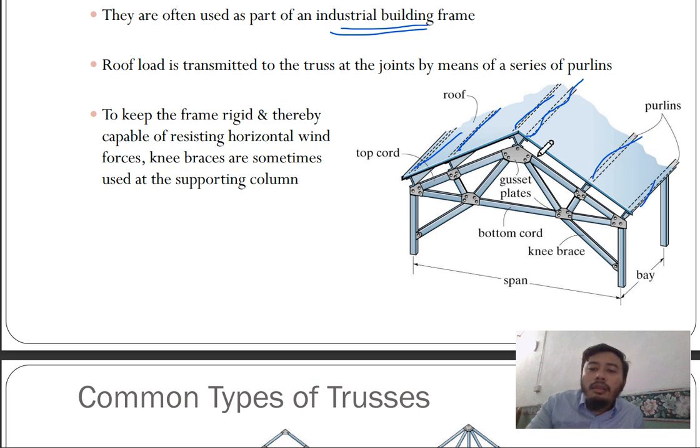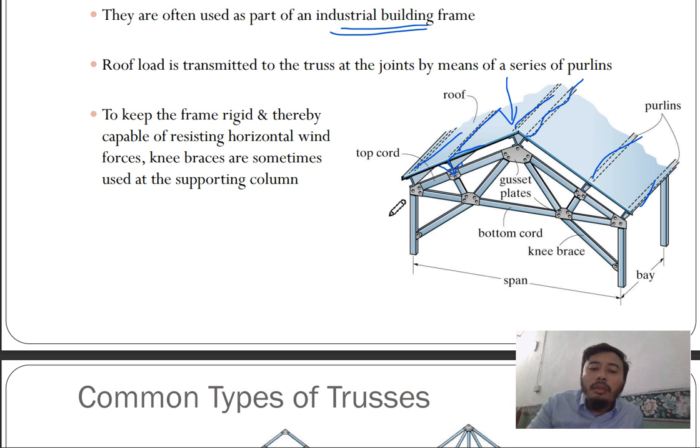So the load from the roof itself, and also rain, snow, is transmitted from the roof slab or the roof tile towards the purlins, and then the purlins transmit the load to the joints to keep the frame rigid and thereby capable of resisting horizontal wind forces. Knee braces are sometimes used at the supporting column.